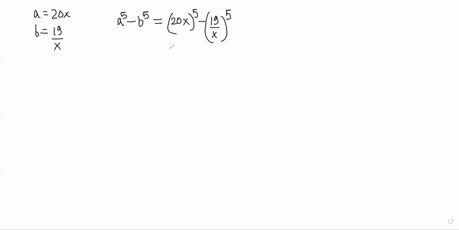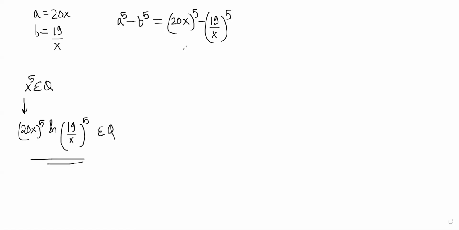And remember, we had said earlier, because X power 5 belongs to Q, we can prove that 20X power 5 and 19 by X power 5 both belong to Q. So therefore, the LHS here is a rational, right?